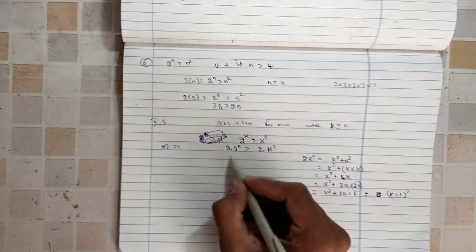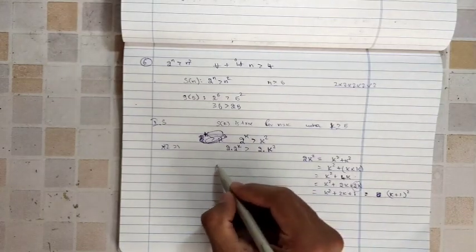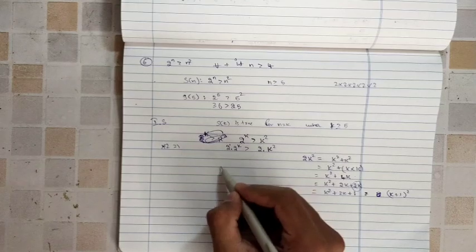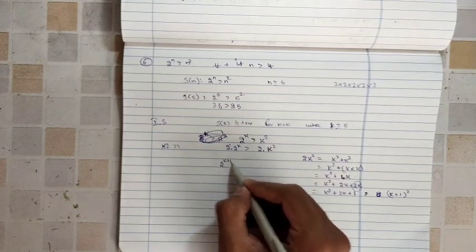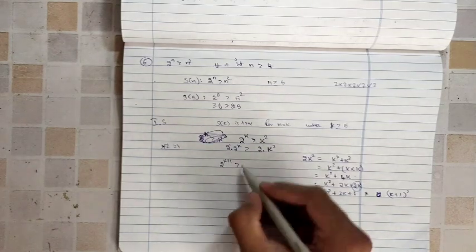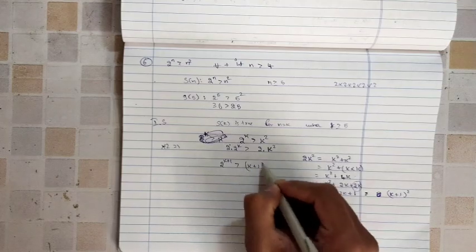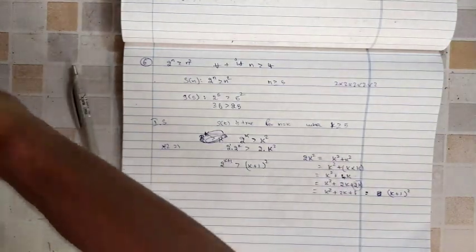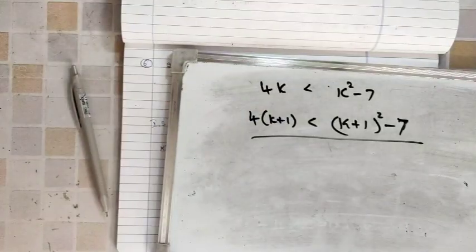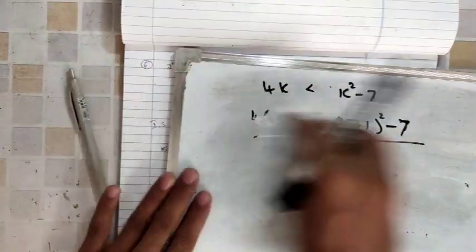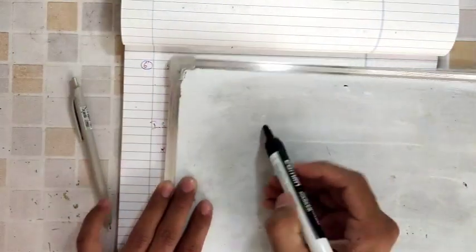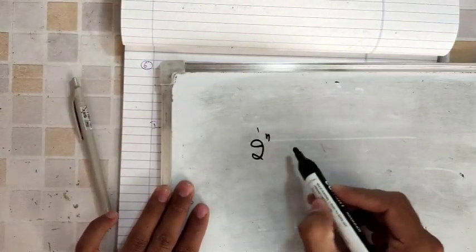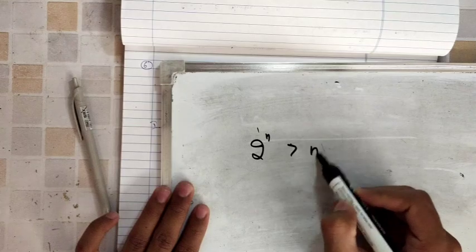So here 2 into 2 power k is nothing but 2 power 1 into 2 power k, 2 power k plus 1 greater than k plus 1 the whole square. Now let me say, just a second. What was the given question? 2 power n greater than n square.